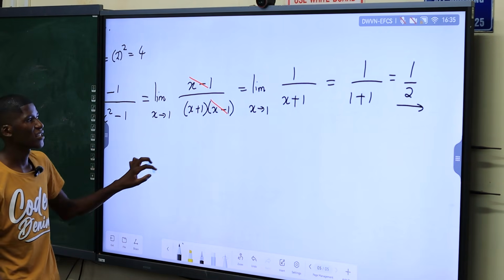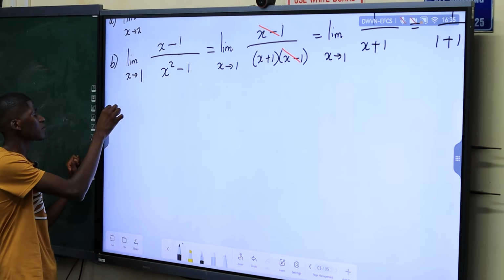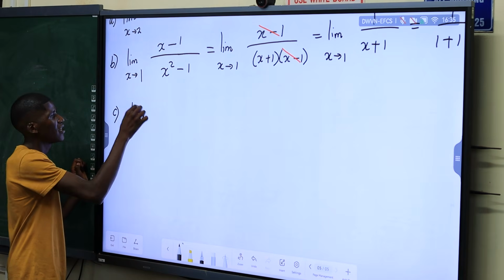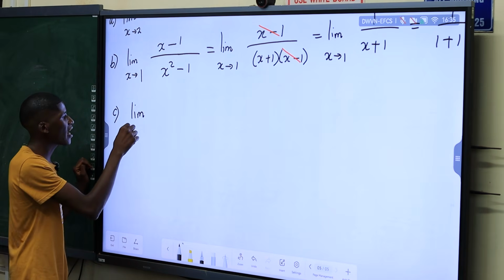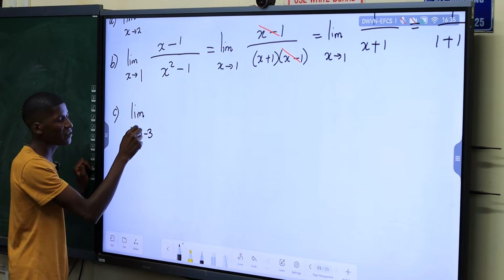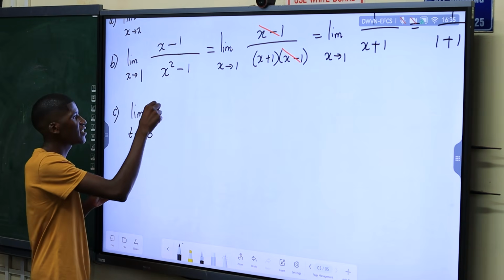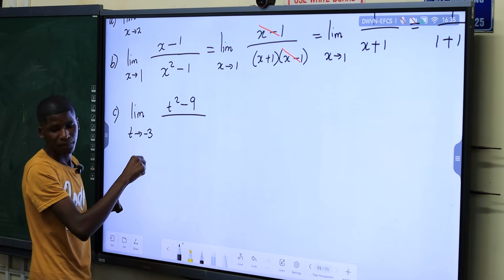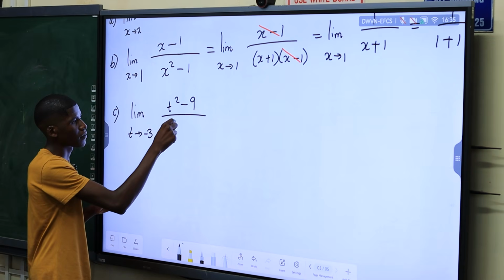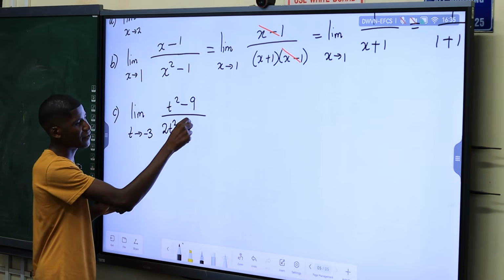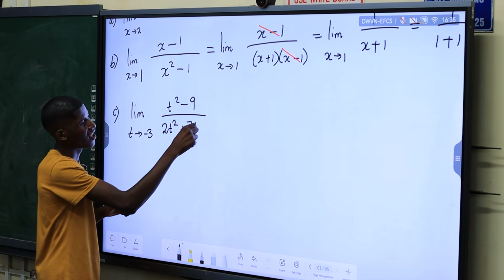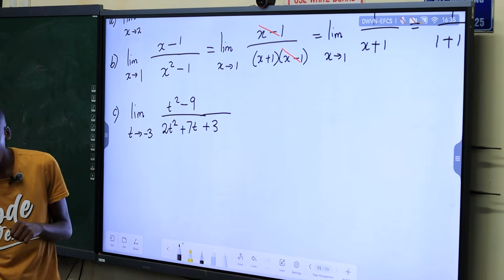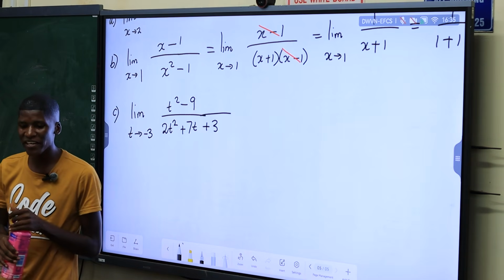So yeah, simple stuff. Now number 13 on the tutorial: the limit as t approaches -3 of t squared minus 9 over 2t squared plus 7t plus 3. All right, now substitute -3 first.